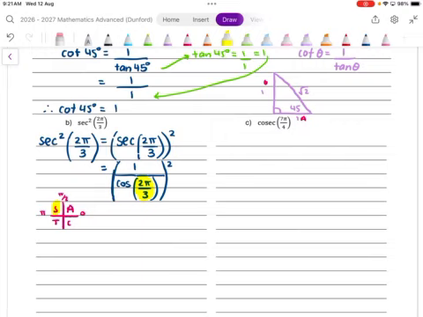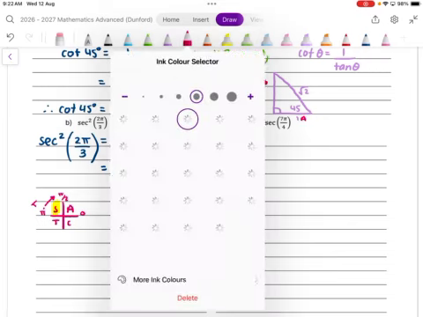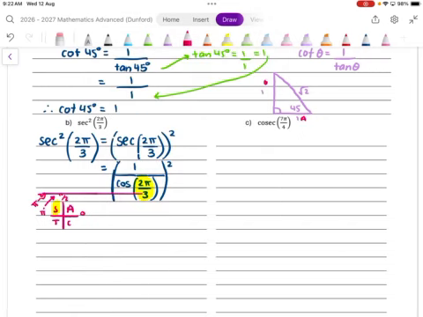So we have our cos 2 pi on 3, and it fits between here. So that means to find our acute angle in our second quadrant in terms of radians, we do pi minus theta, where our theta is our 2 pi on 3, to find our acute angle.